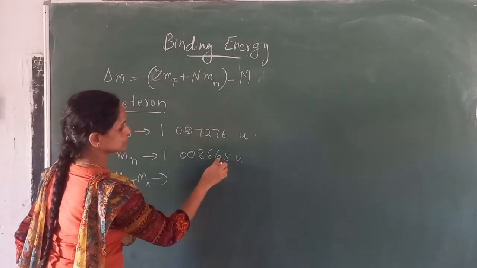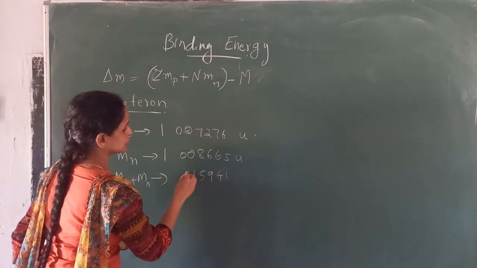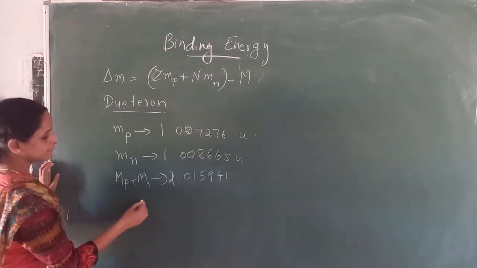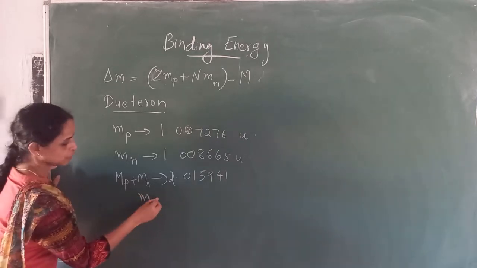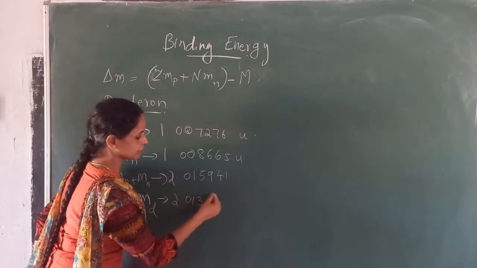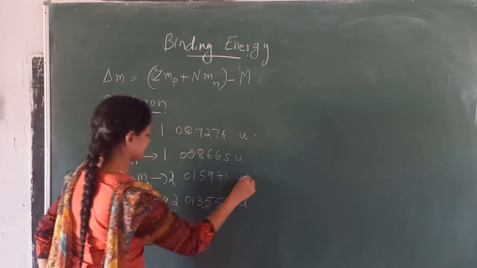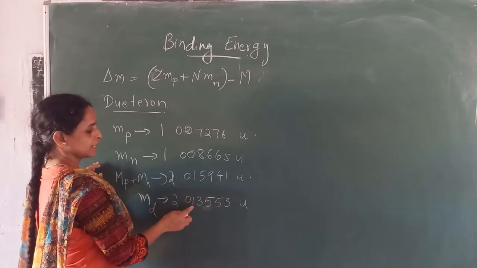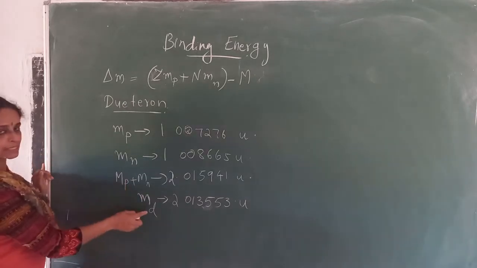The mass of proton plus mass of neutron is given by adding these two. This is the sum of the two terms, but the actual mass of the deuterium or deuteron is somewhat different. You can see that there is a difference. This is the expected mass, but this is the actual mass.